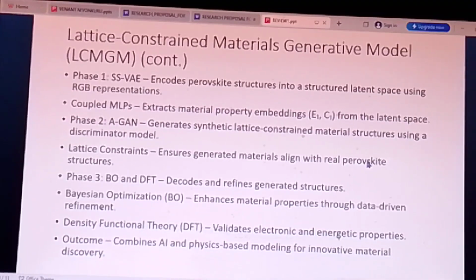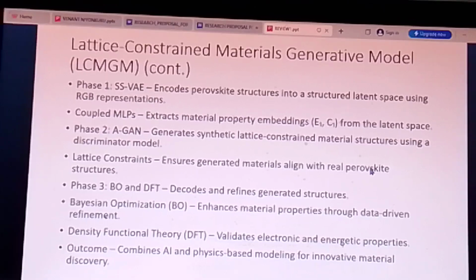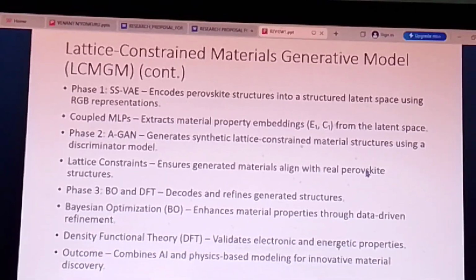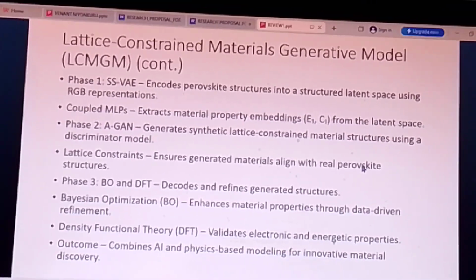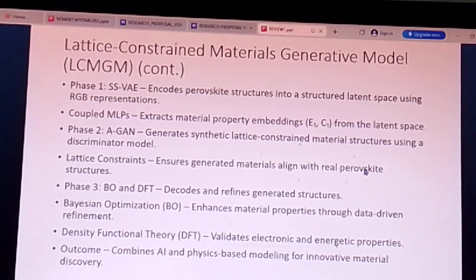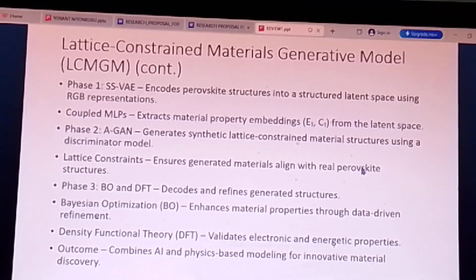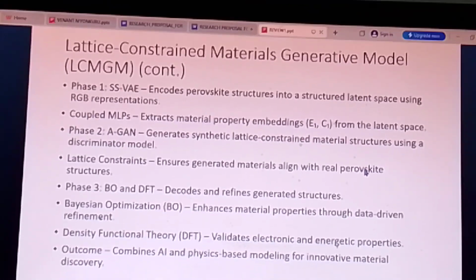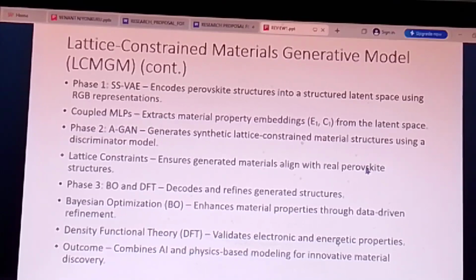And there are coupled MLPs, which extract material property embeddings E1, C1 from the latent space. Also we have phase 2, which is NAGAN. Also we have phase 3, which is BO and DFT, with Bayesian optimization being BO.